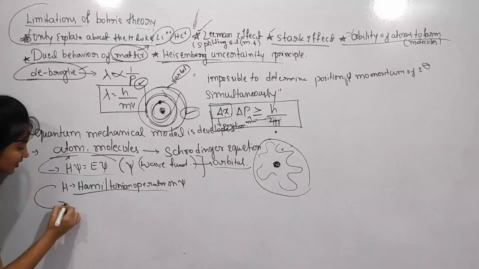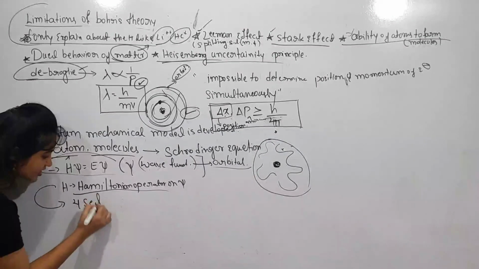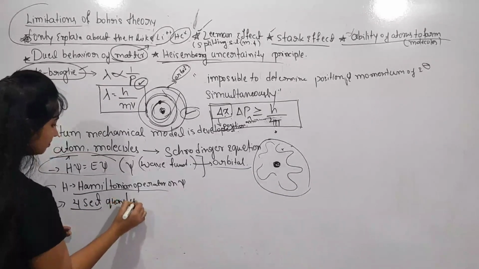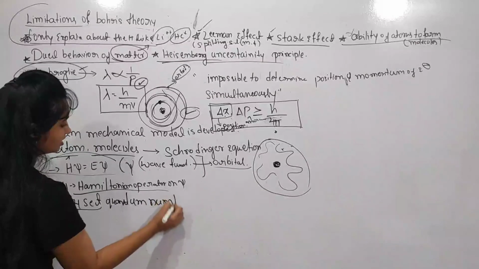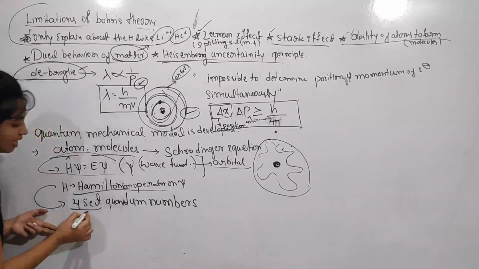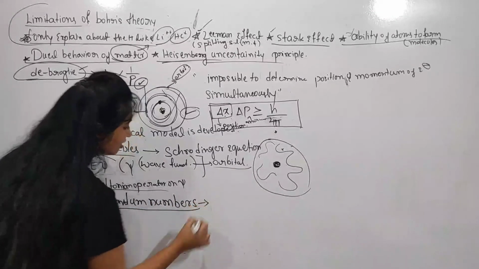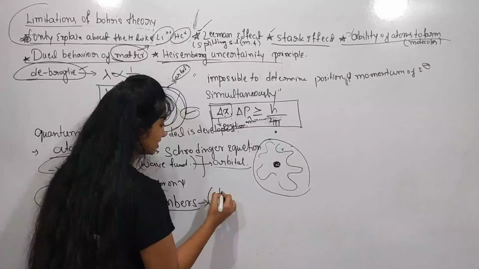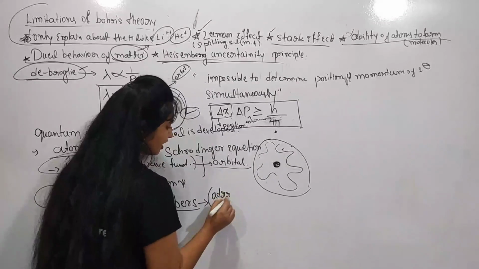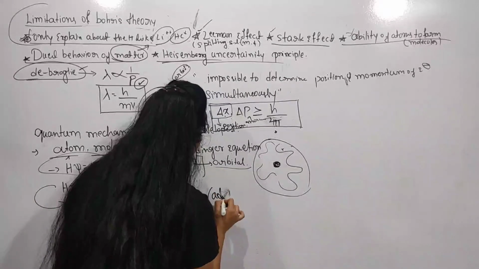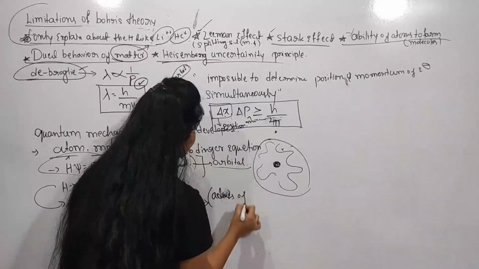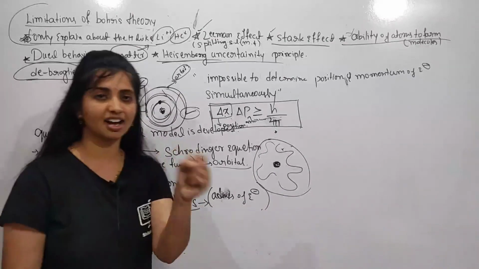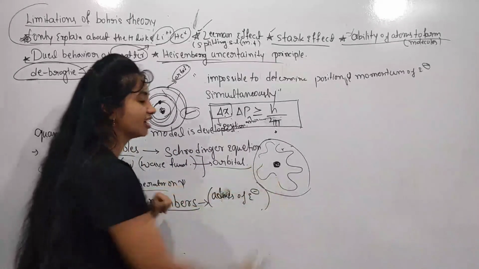We have a set of 4 quantum numbers. With the help of these quantum numbers, we find the address of the electron. The quantum numbers give the address of the electron, so where exactly the electrons exist or are present in this atom.